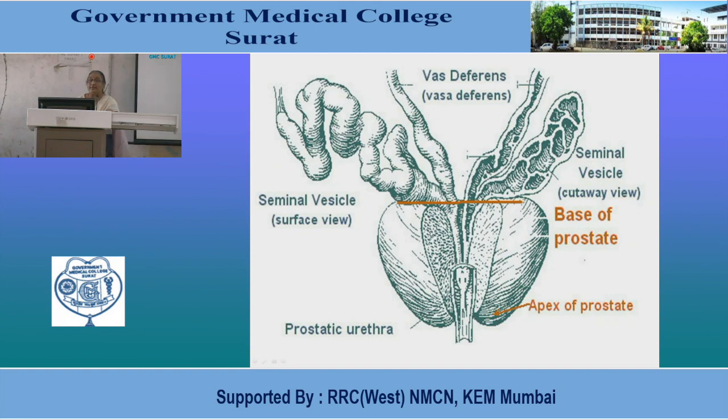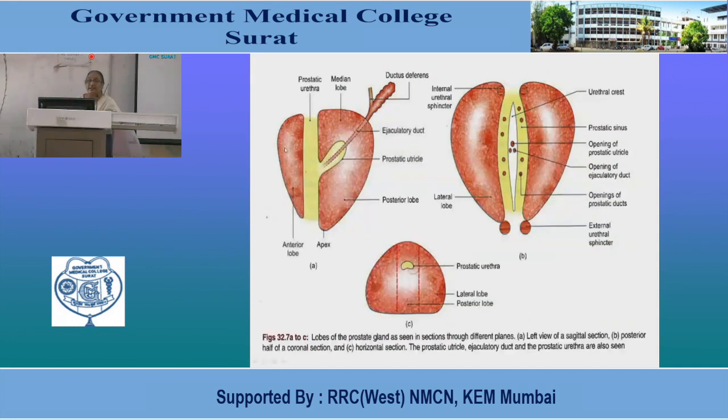Now figure showing the diagram here, you can see the anterior lobe, posterior lobe and median lobe. So this is the posterior urethra. It travels through the substance of the prostate gland and divides the entire substance into the different lobes. Now these are the lateral lobes and this is the posterior lobe. Here you can see the posterior surface and the horizontal section.